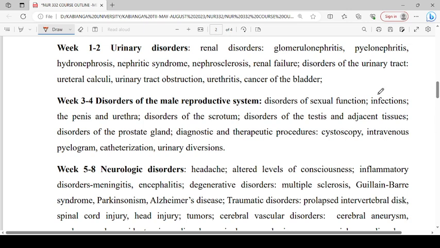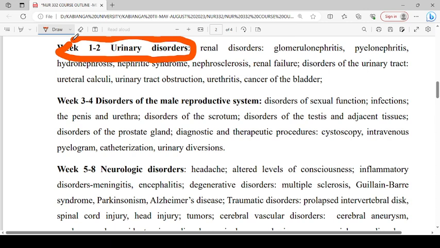It's saying during the first 1 to 2 weeks, we are going to be concentrating on urinary disorders. This will include renal disorders like glomerulonephritis, pyelonephritis, hydronephrosis, nephrotic syndrome, nephrosclerosis, renal failure, disorders of the urinary tract, ureterolithiasis or calculi, or the stones.